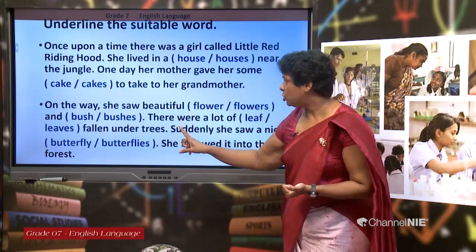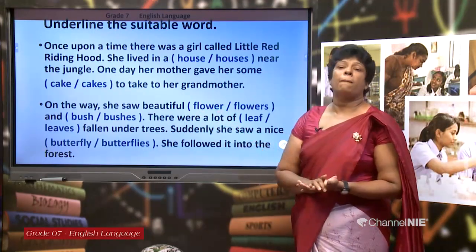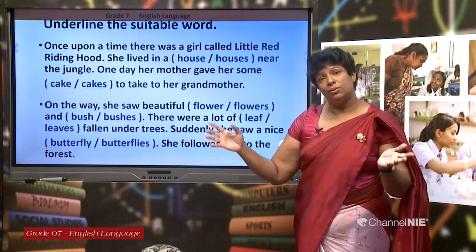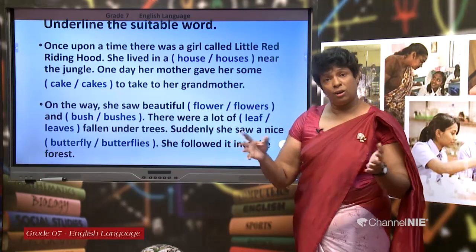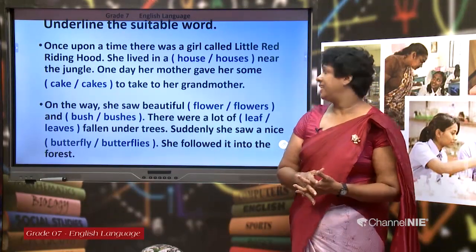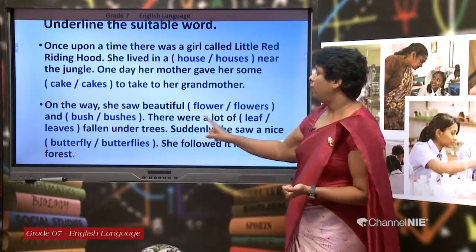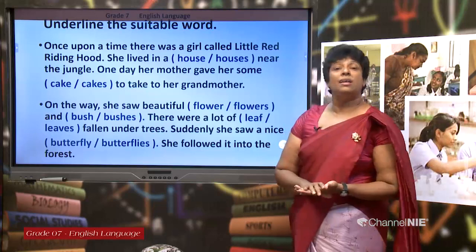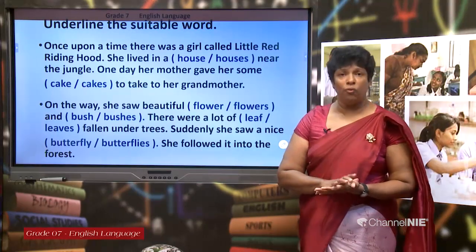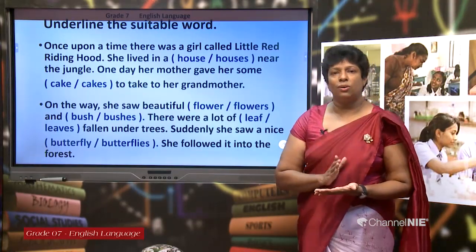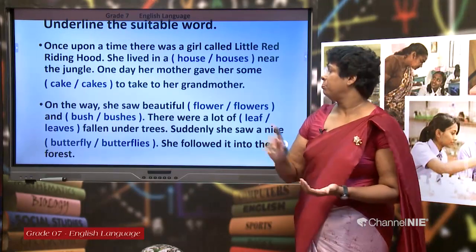And bushes. One bush or a lot of bushes. Let's see. There were a lot of leaves. "A lot of" means the word should always be in the plural.